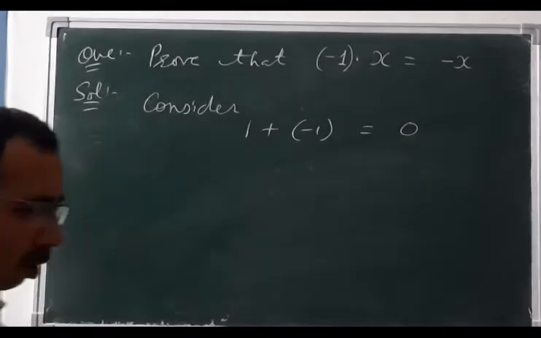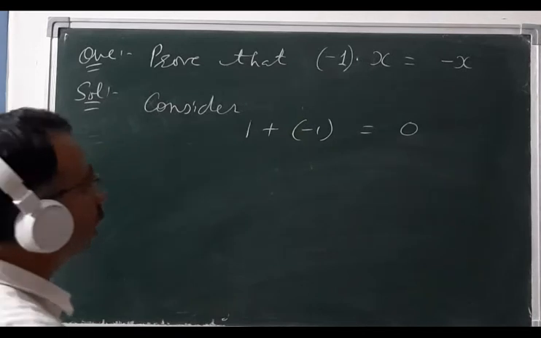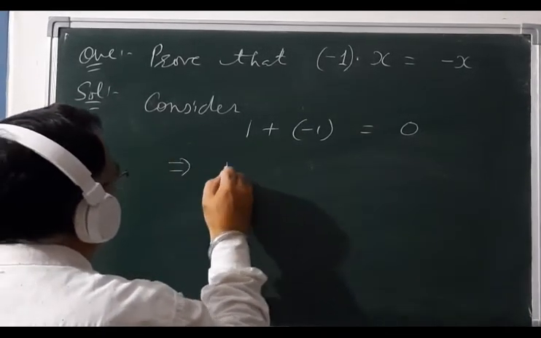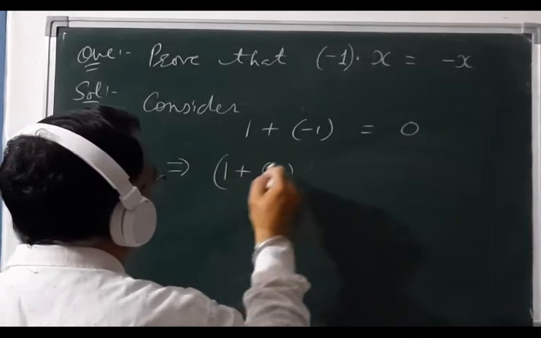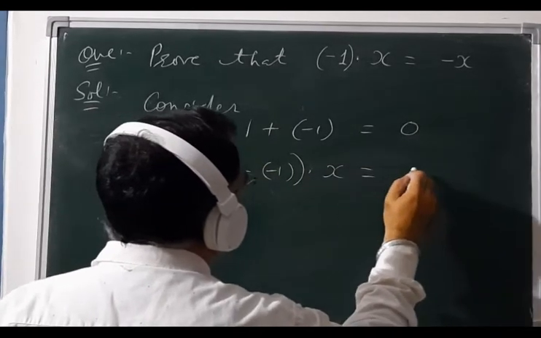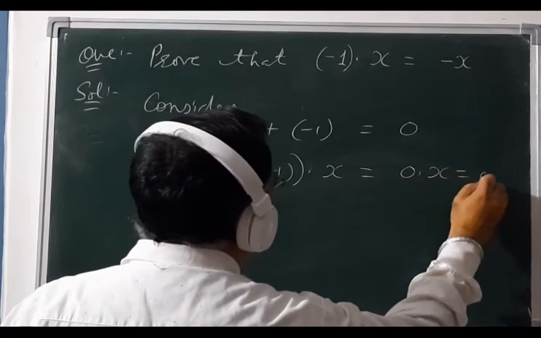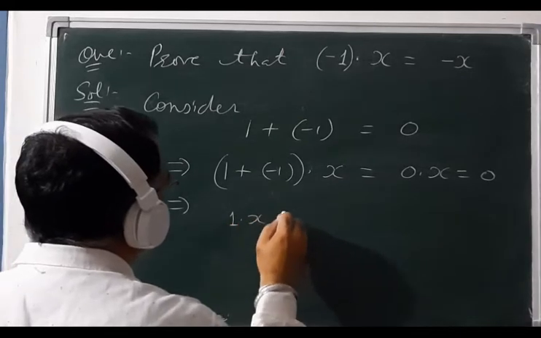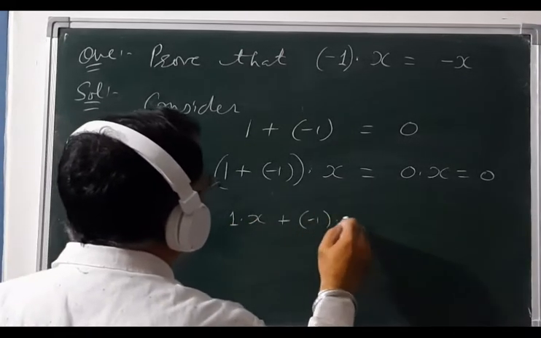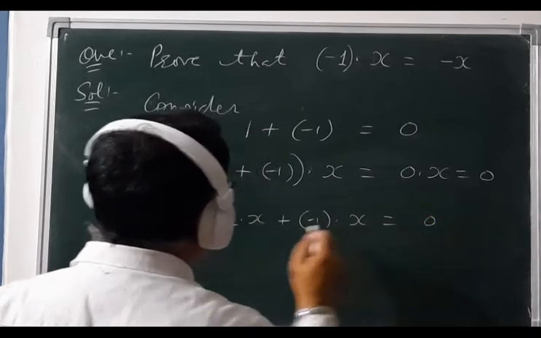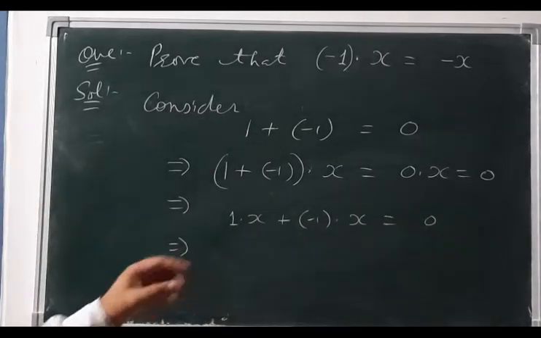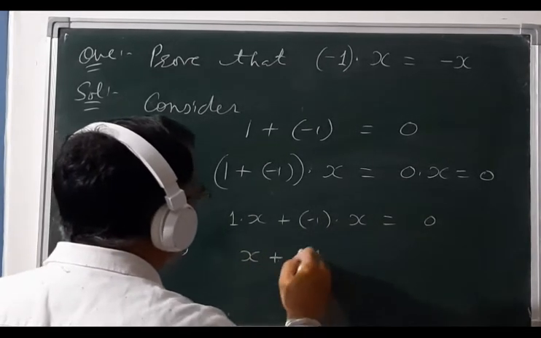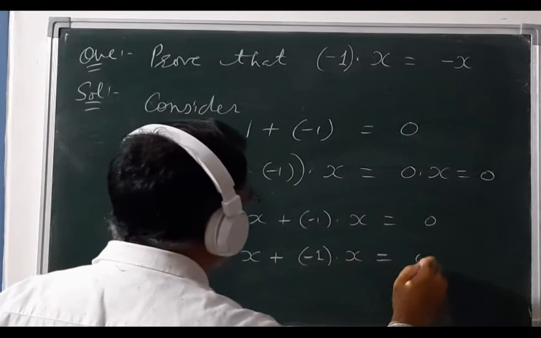Therefore by definition of inverse we have this equation. Now multiply both sides by x, we get 1 plus minus 1 times x is equal to 0 times x, which is 0. Now use the distributive property, I get 1 times x plus minus 1 times x is equal to 0. So 1 is the multiplicative identity, so this is x plus minus 1 times x is equal to 0.